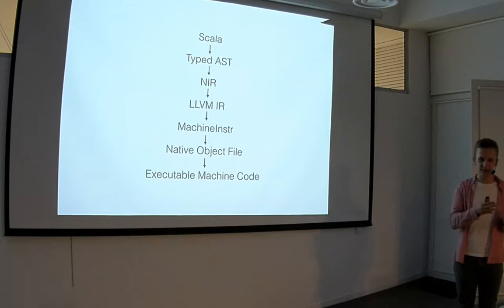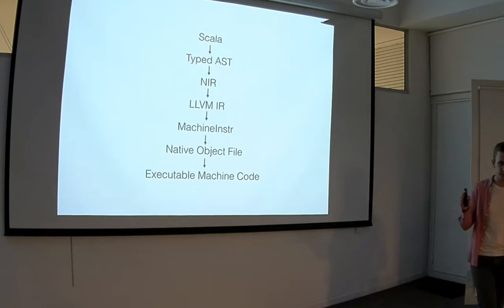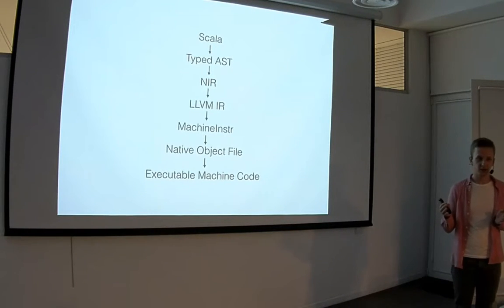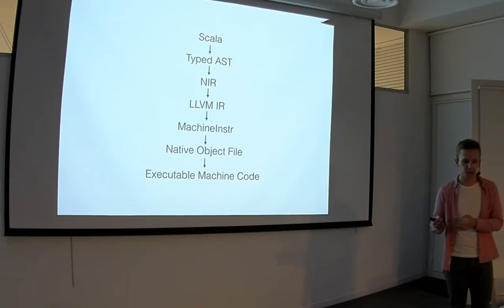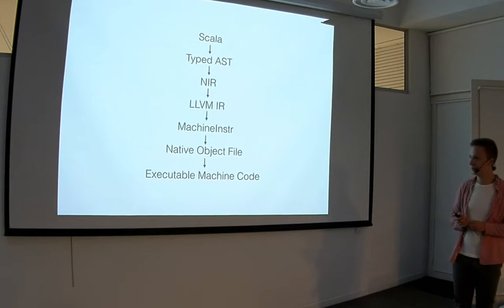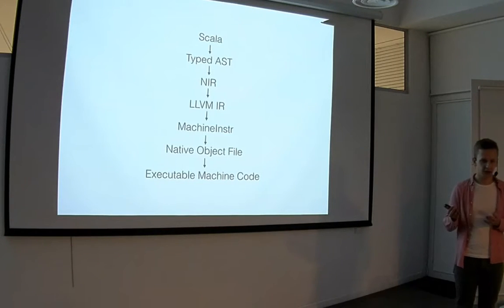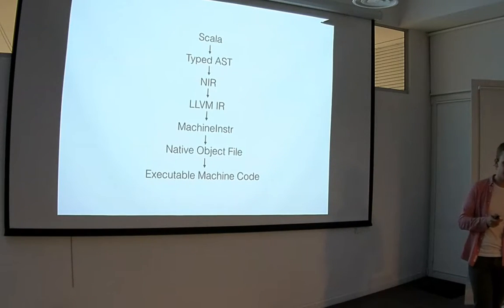At some point LLVM says, I've optimized everything in a platform-independent way as much as I could, and now I really need information about what kind of hardware code we need to produce, because for example, for register allocation, SSA doesn't have normal x86 registers.